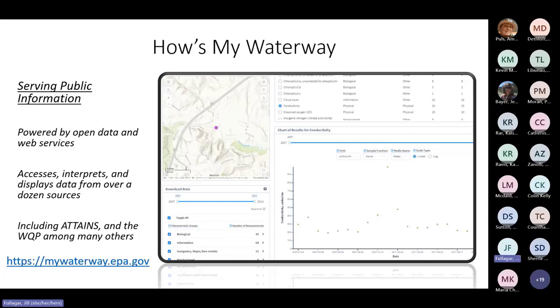They can find out all sorts of information about TMDLs, total maximum daily loads, other types of restoration plans, permitted facilities. All sorts of information is then readily available for the public to access and to make decisions about how they choose to use the waters, and also then to get more information about what's going on in their waters. Reports are available in there, photographs are available in there, and we're adding to that all the time.